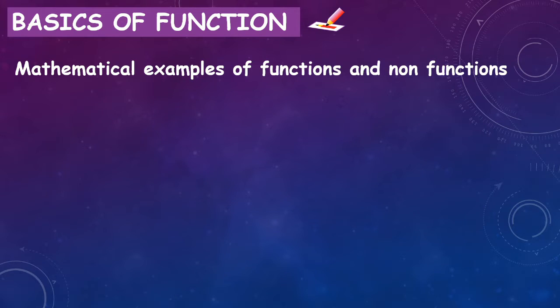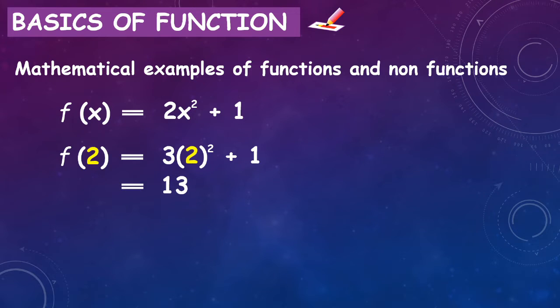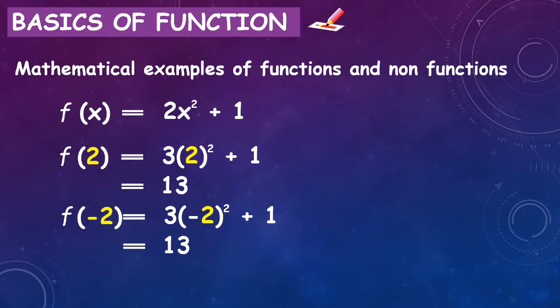Let's go on with more examples. f(x) = 2x squared plus 1. We substitute 2 and we get an answer 13. And if we substitute negative 2, this also gives us an answer 13.